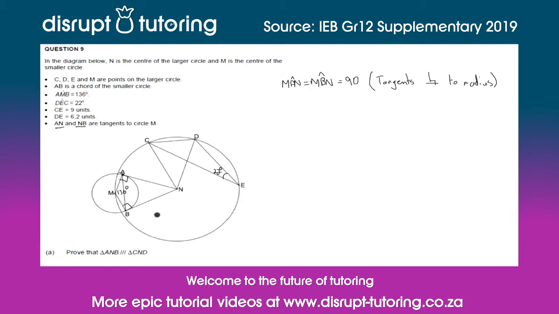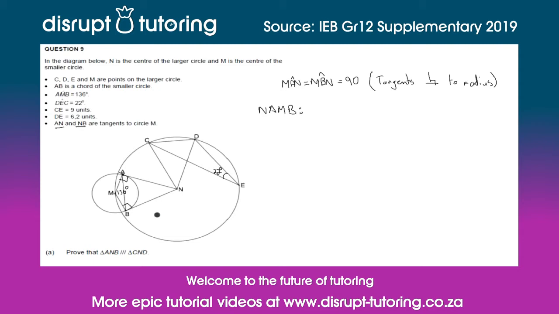So therefore we have 3 out of the 4 angles needed in this quadrilateral, so basically in the quadrilateral NAMB, we know that all those angles need to add up to 360 because angles of a quadrilateral sum to 360.